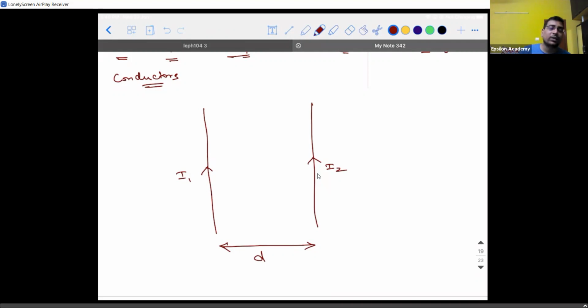But here, these two current carrying conductors are separated by a certain distance. There is no magnetic field here for them to experience force. So what we are supposed to do is, listen to this again. If I take this as the first and the second conductor, now I'm using Oersted's rule stating that I1 will produce a magnetic field near the second location.